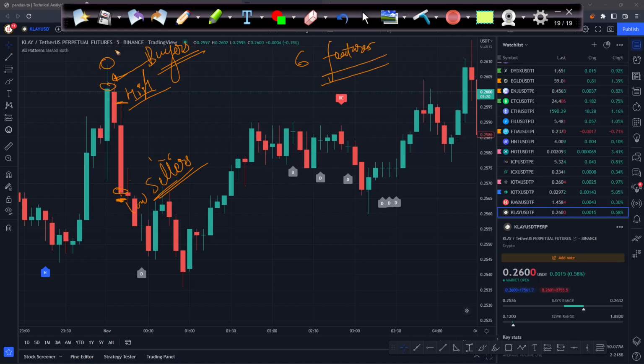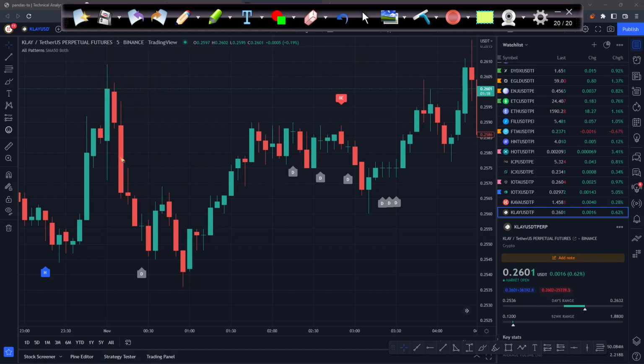Now what else can we get? Well, we can get the midpoint from here to here, because most of the time, the market does go ahead and test those midpoints.